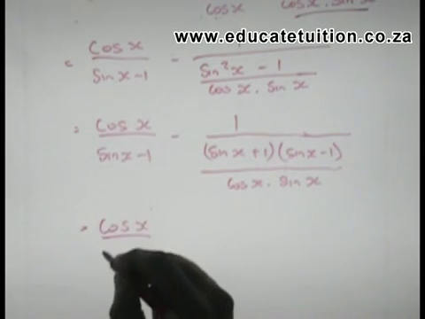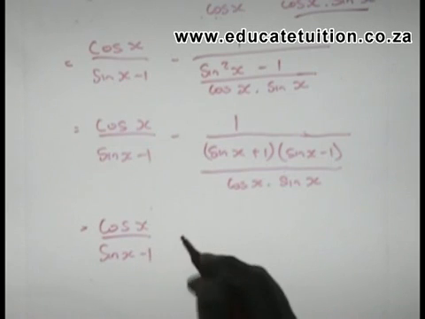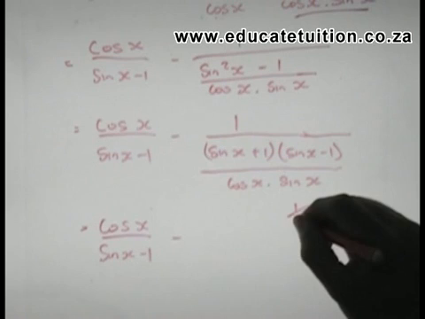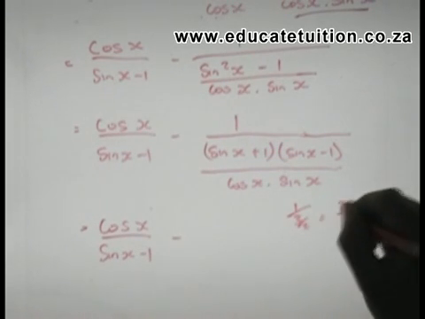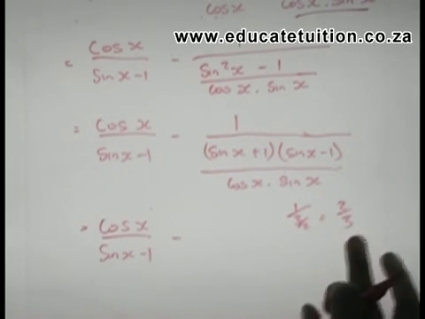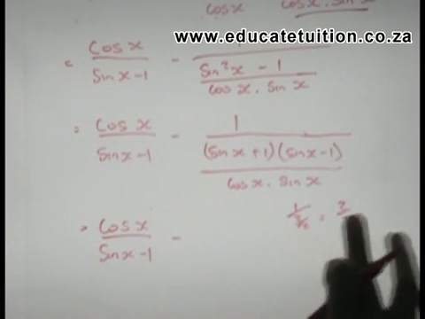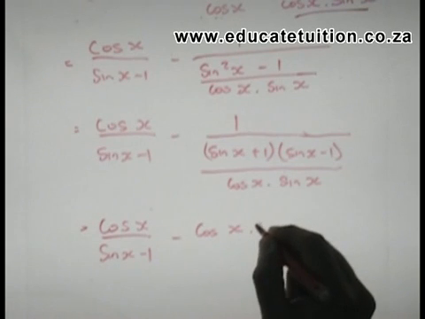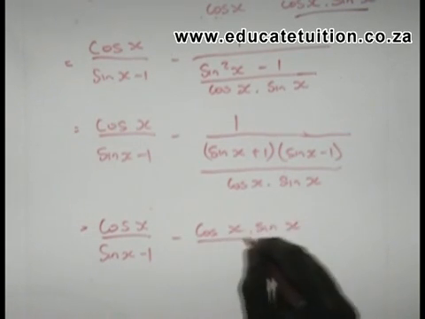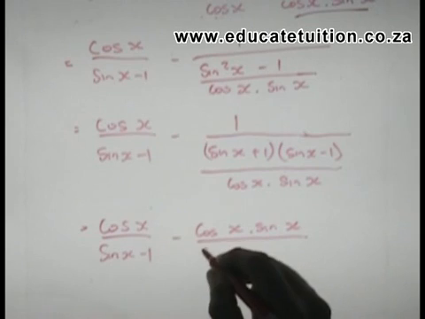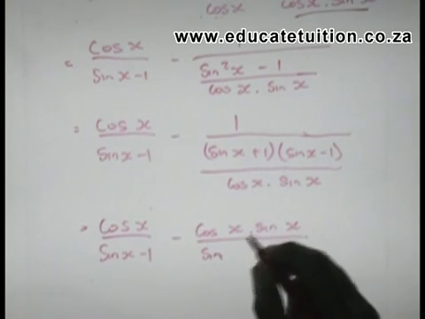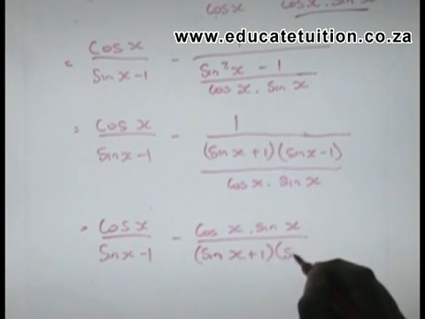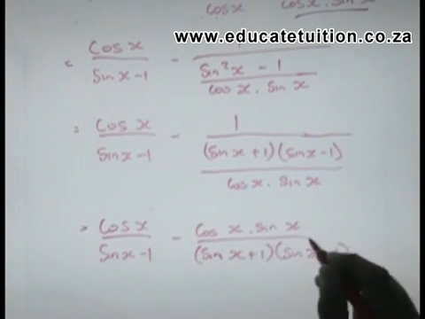This one we're still leaving as cos x over sine x minus 1 minus. Now, think about this. 1 over 3 over 2 is the same as 2 over 3, correct? So 1 over that is the same as cos x times sine x over sine x plus 1 times sine x minus 1.